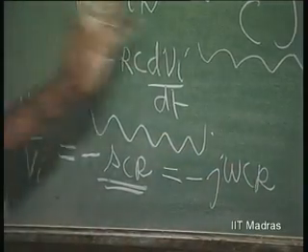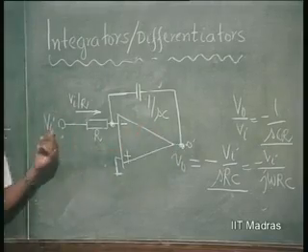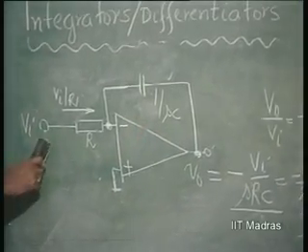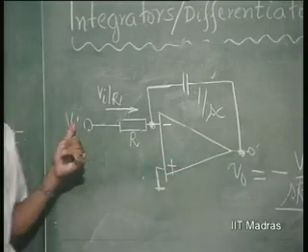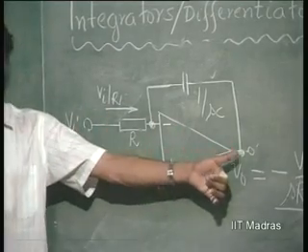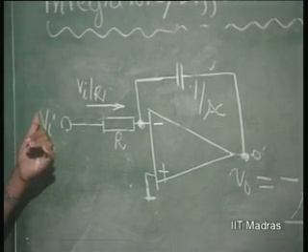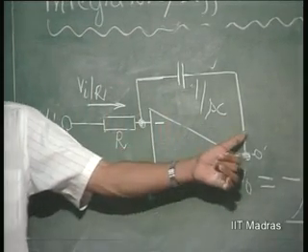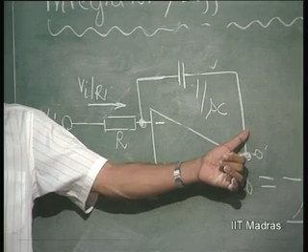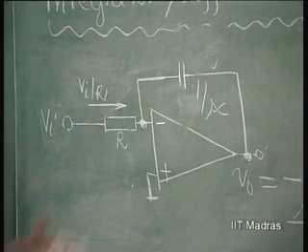So, both these blocks can be used to obtain an output which is in quadrature with the input. Phase shift of 90 degrees means the output is in quadrature with the input. That means, if the input is A sin omega t, the output will be B cos omega t. So, this quadrature component can be obtained easily by using integrators.